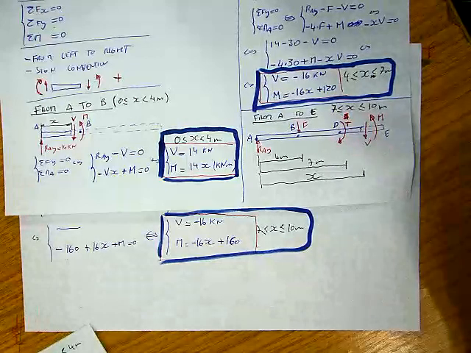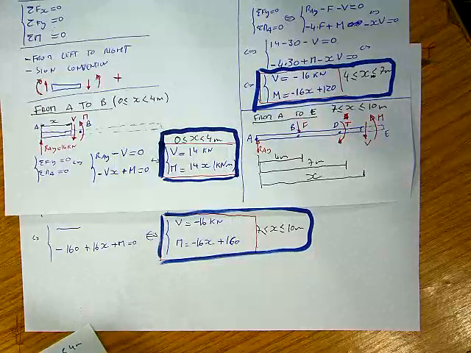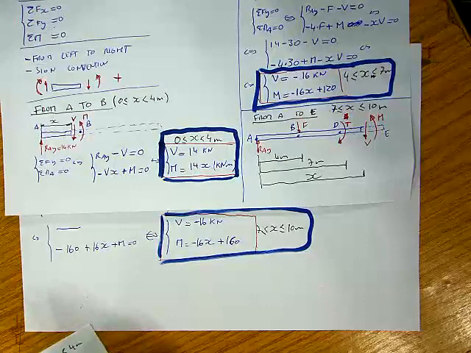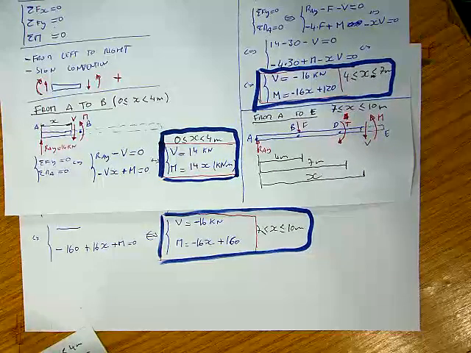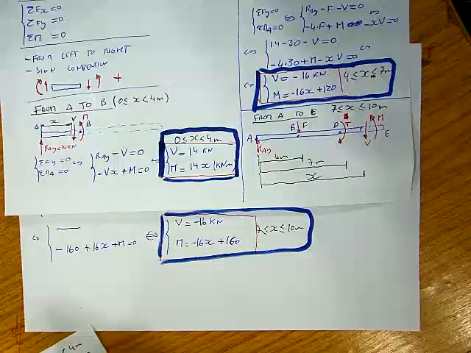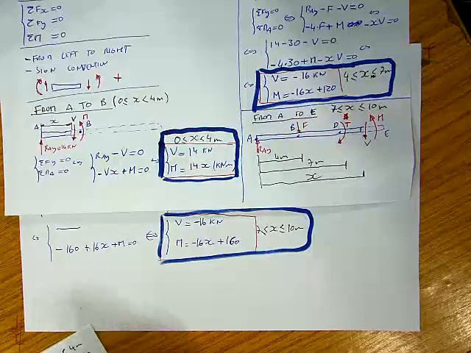Is it correct, 120? Right, minus 4 times 30, 4 minus x, so for x between 4 and 7 meters. Sorry, I'm taking a little bit long. And 16x plus 160 kilonewton meter for x between 7 and 10 meter.